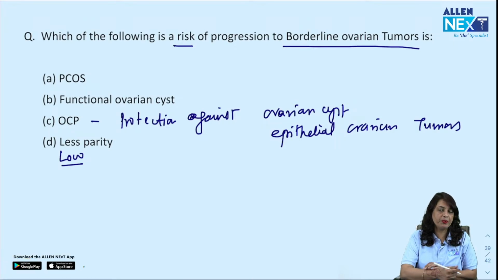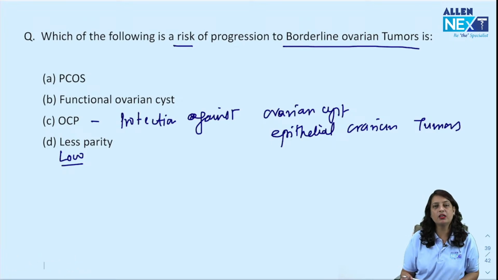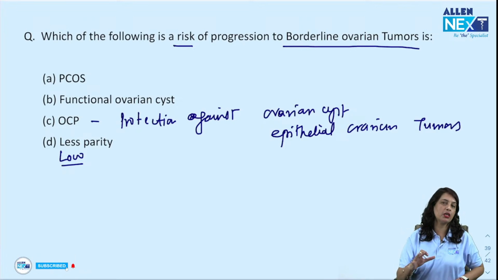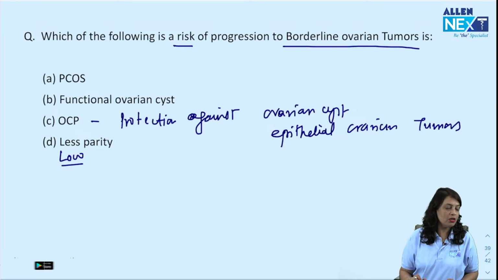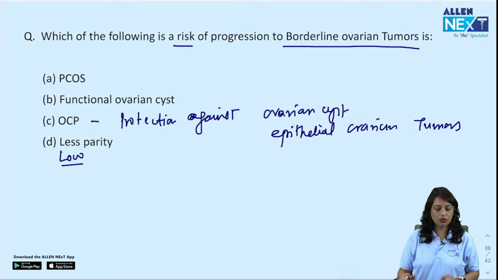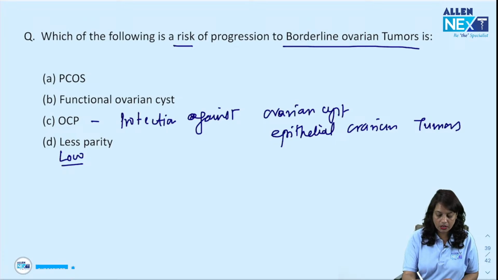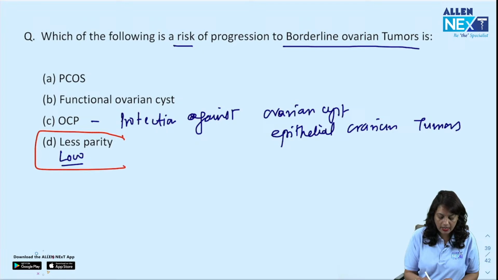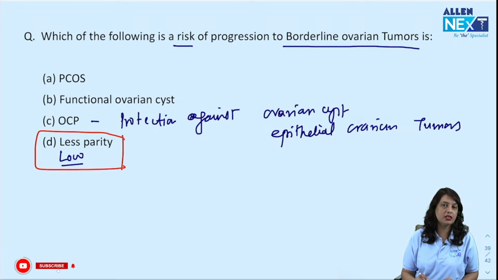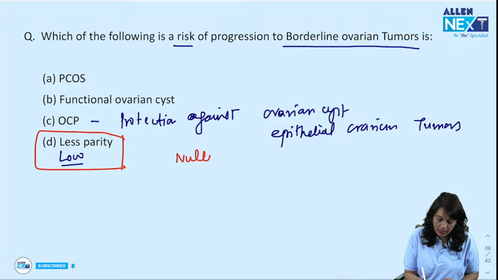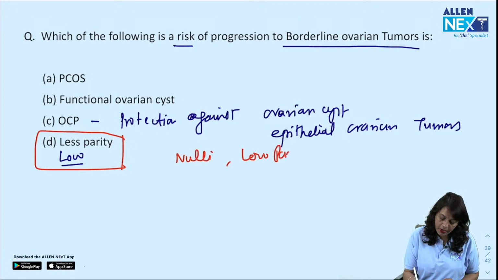Even PCOS does not directly increase the risk of ovarian tumors, but when we are giving ovulation induction continuously for a year or 2 years, that might be a risk for epithelial ovarian tumors. But if I have to rule out, I would mark the answer as low parity, because we have been discussing in our classes that nulliparity or low parity is a risk factor for ovarian tumors.